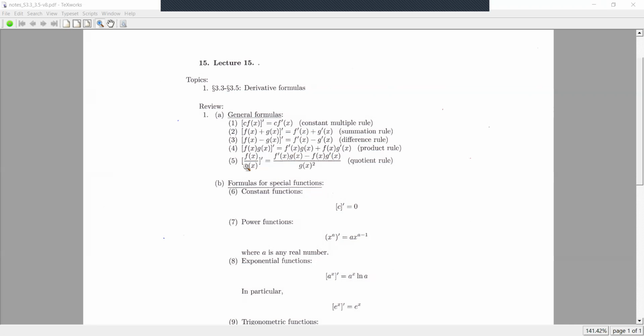Derivative of a quotient is the derivative of the numerator times the denominator minus the numerator times derivative of the denominator, all divided by the square of the denominator.